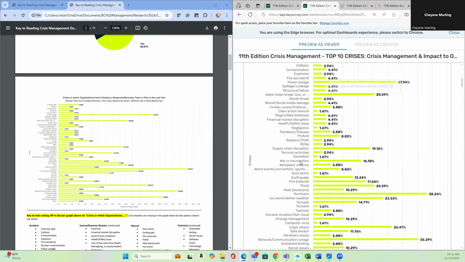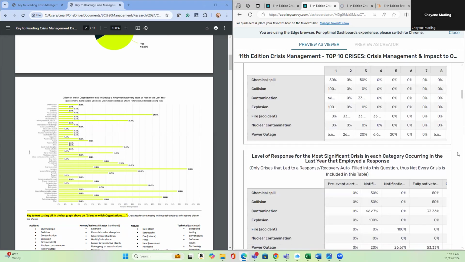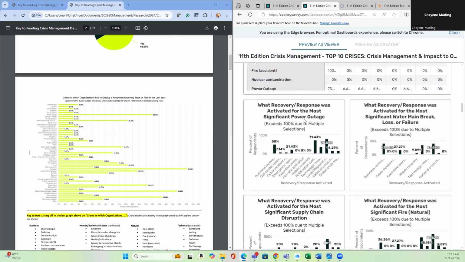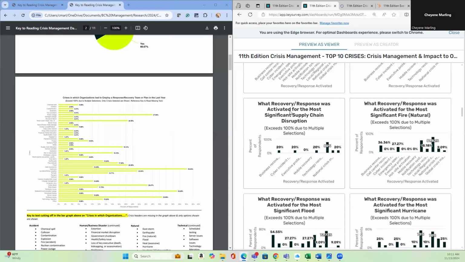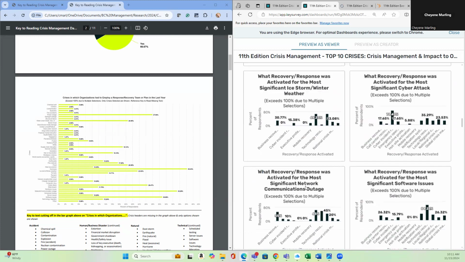Okay. So even though it highlights everything, the data charts, as an example, as we go down, ask what was the recovery response that was activated for the most significant power outage, water main break, supply chain disruption, natural fire, flood, hurricane, ice storm, winter weather, cyber attack, network communications outage, software issues.